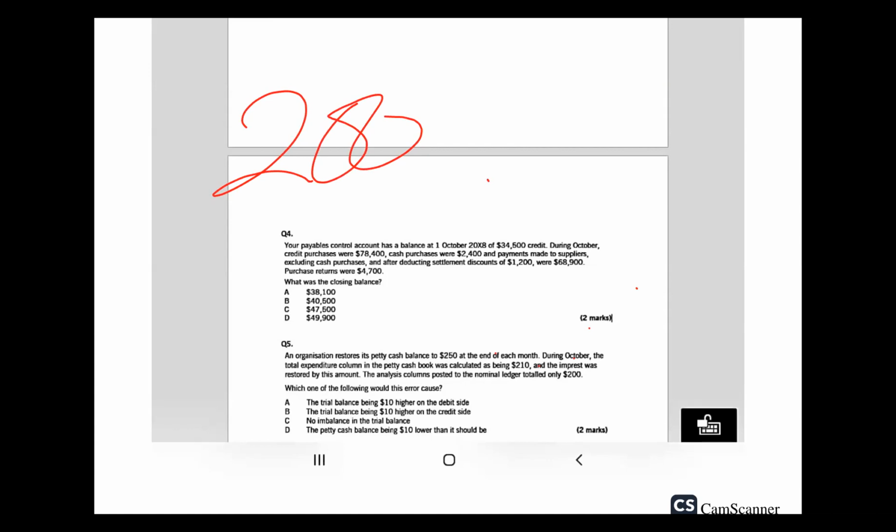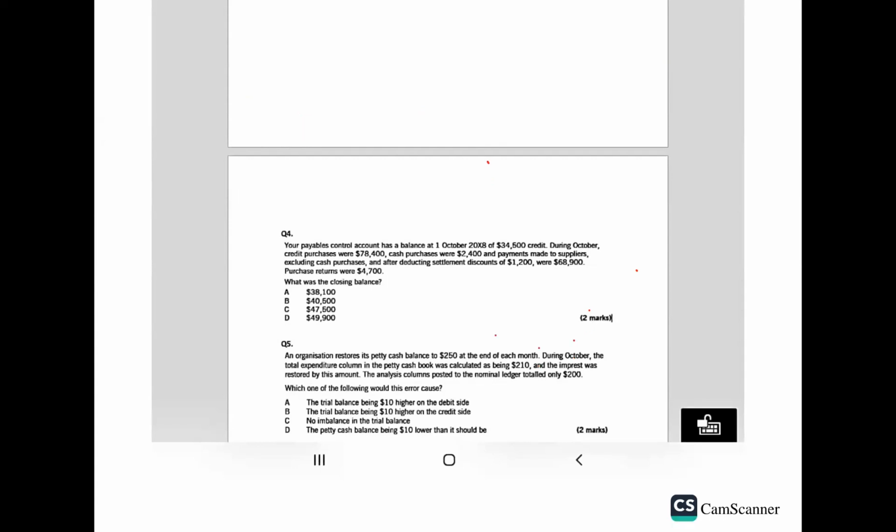Let me just ask you this question. Do you see that element on the trial balance which we call the general expenses, or miscellaneous expenses?